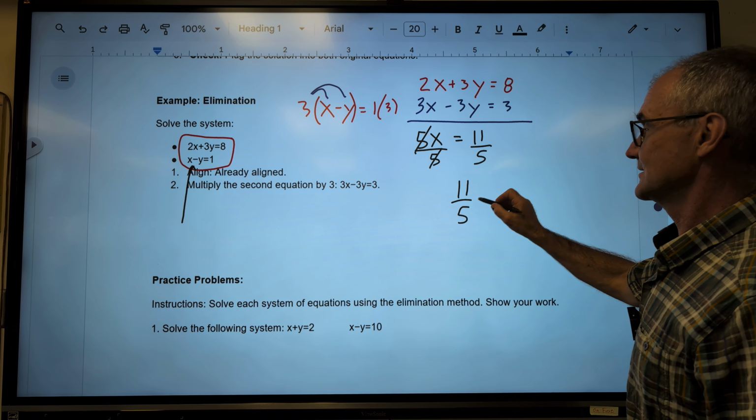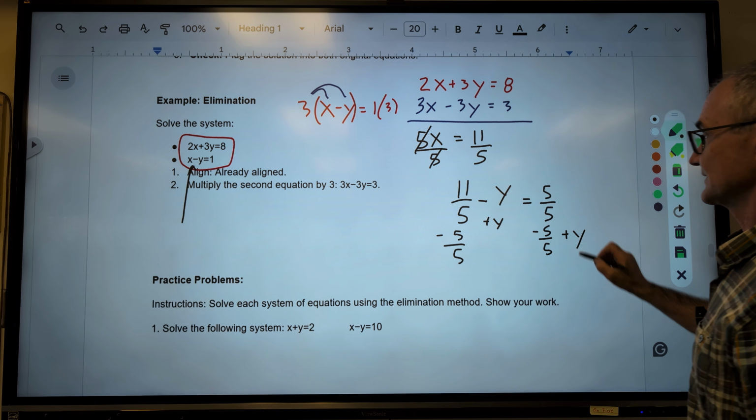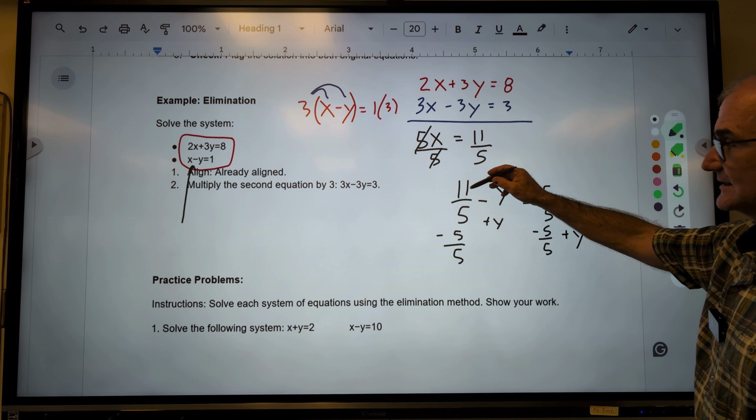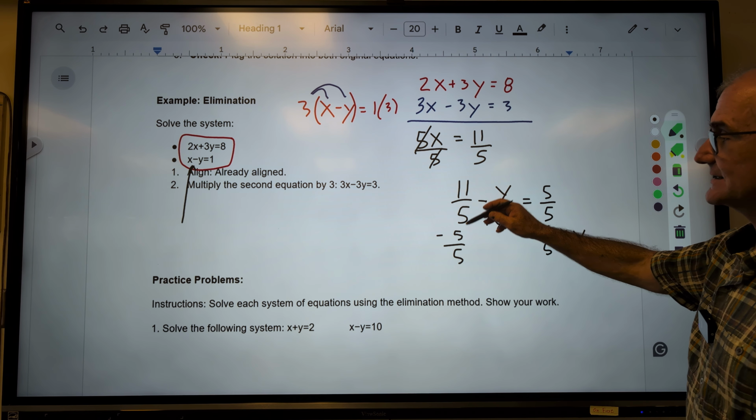Add y to both sides. These are going to cancel. 11/5 minus 5/5 is 6/5. These cancel, and I have y is equal to 6/5.